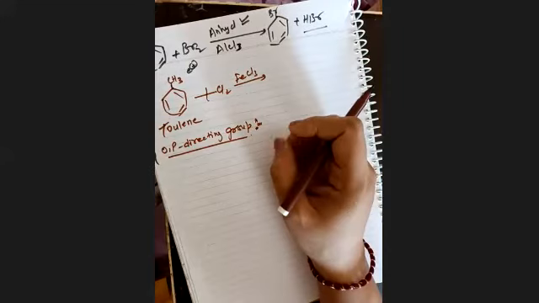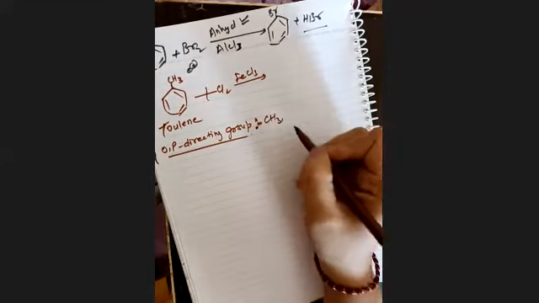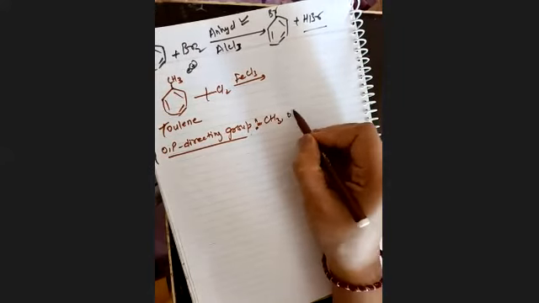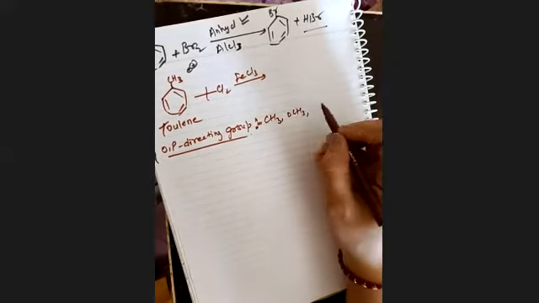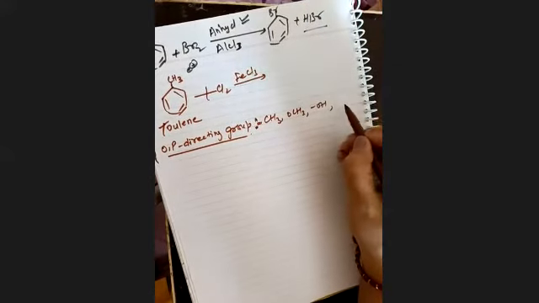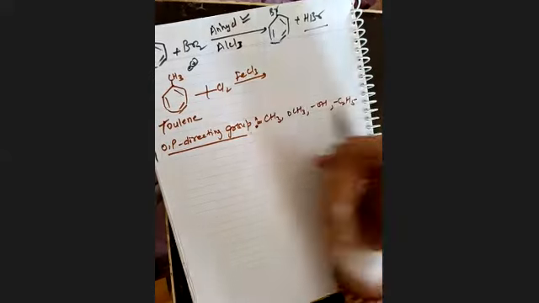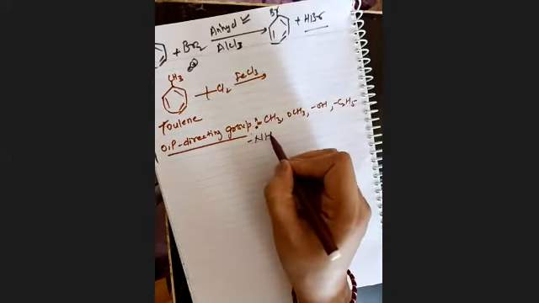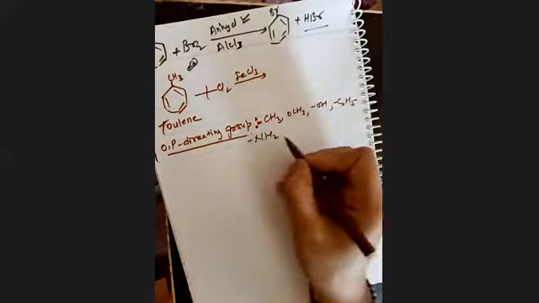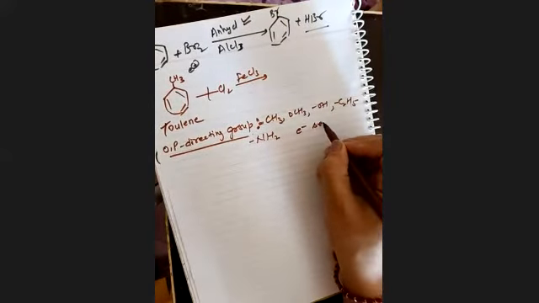So let me just give you some examples. For example, CH3 is orthopara directing, OCH3 is orthopara directing, OH, C2H5, NH2. They are electron senders.